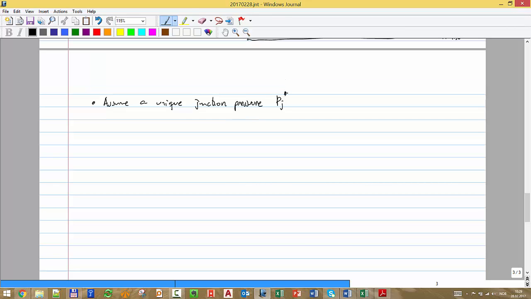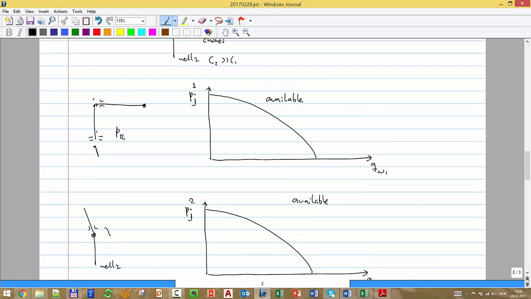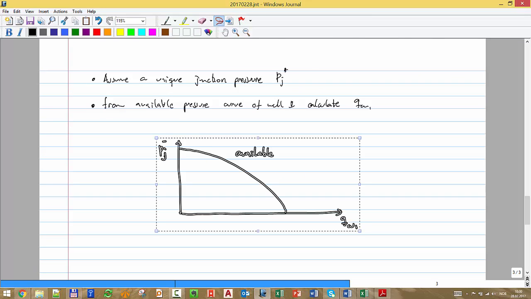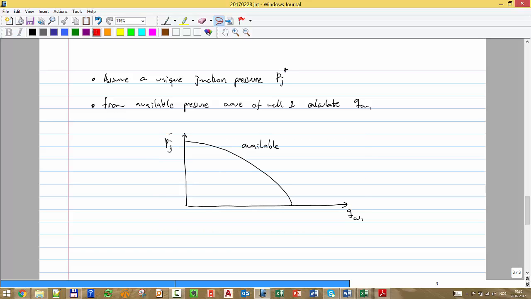Then, from the available pressure curve of well 1, calculate QW1. From that curve I assume that pressure, come here, that will be PJ star, and then I read QW1 star.